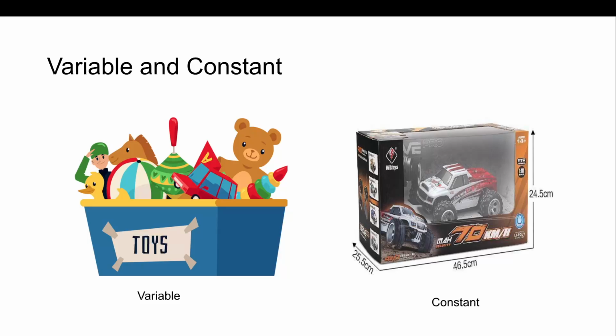That is why I showed this container. This container is dedicated for this toy. You can't put a ball inside. Obviously you can, but it would be forced. This container is made to store this dedicated toy, but in this other container you can put various types of toy.